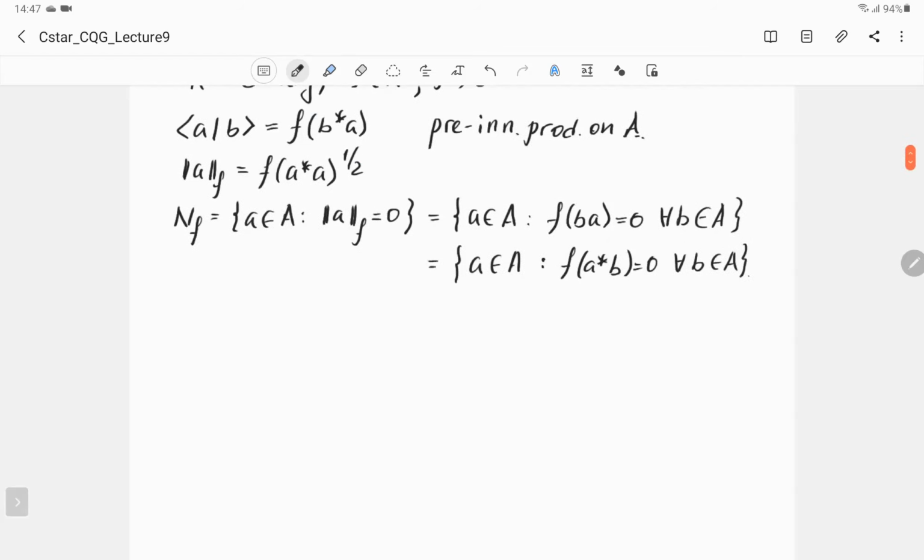Now these equalities enable us to factorize the pre-inner product through the quotient of A modulo N_f. And so this induces an inner product on the quotient by the following formula.